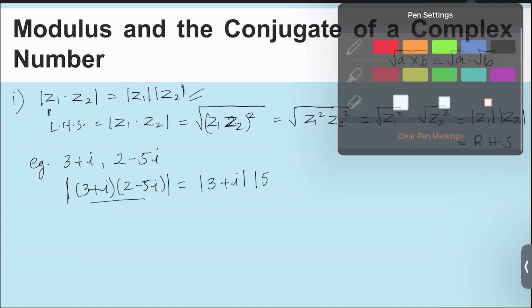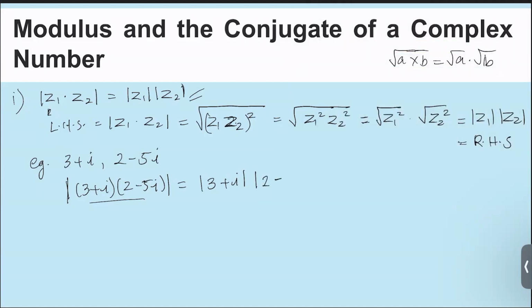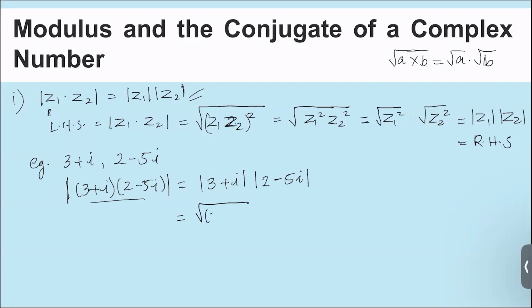Sorry, this is 2 minus 5i. So this will actually become the mod of 3 plus i, square root of 3 squared plus 1 squared, multiplied by the square root of 2 squared plus (minus 5) squared.